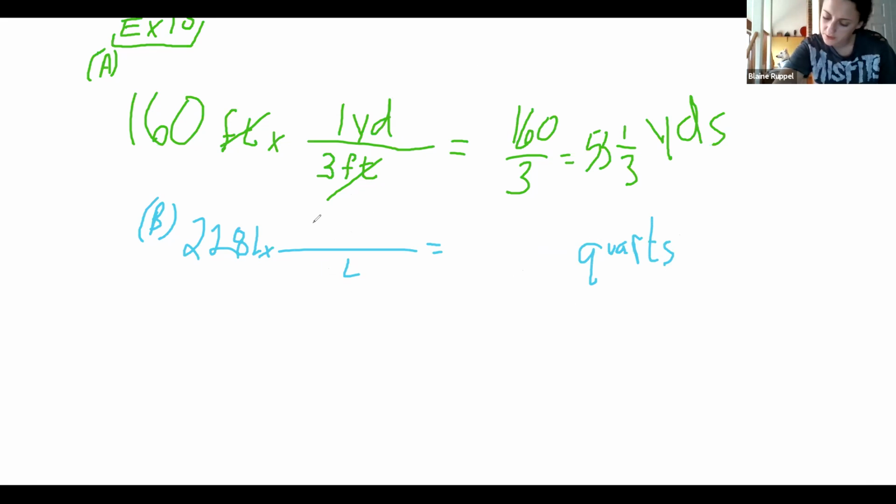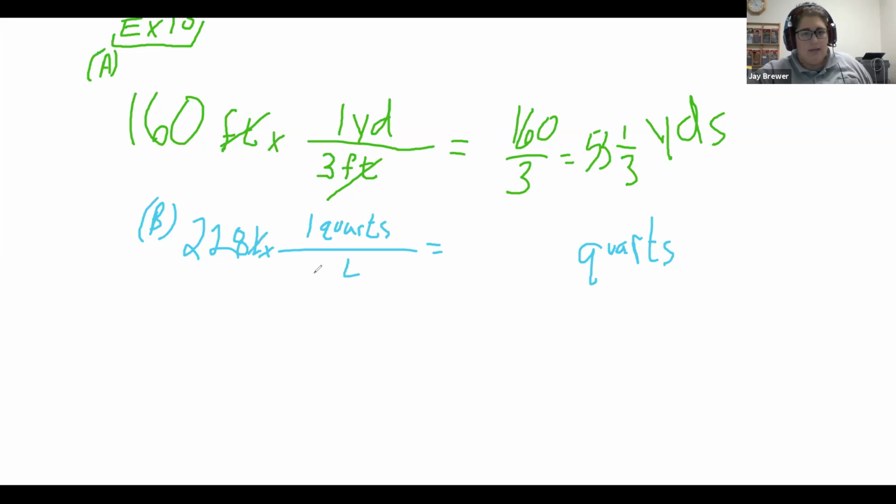1 quart is equal to approximately 0.946 liters. There we go. And much like in chemistry, if you can cross out your units and you're left with the desired unit, then that's kind of like an internal check that you're doing it the right way.